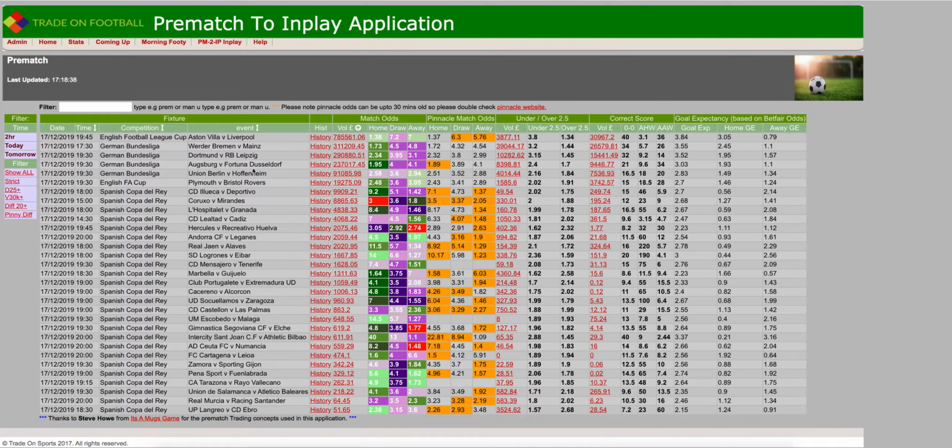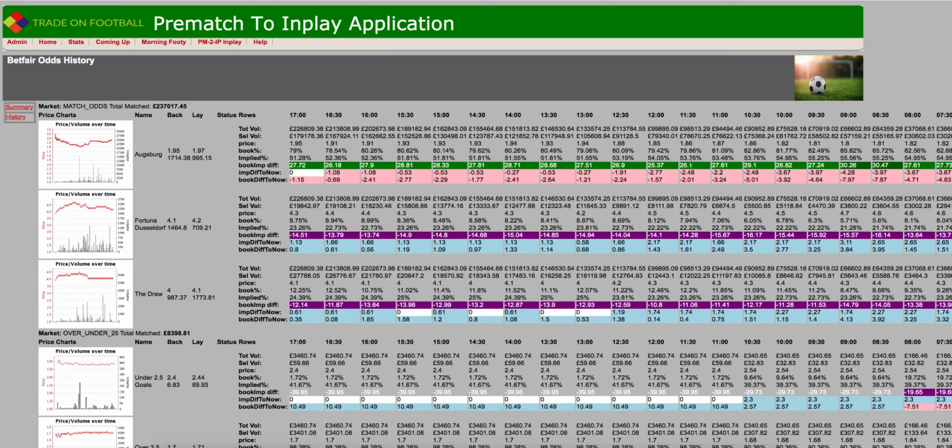If we look for the Augsburg game here and have a look at the history, and go to 11 o'clock, you can see what happens. As soon as it hits 50,000 volume, it then goes for 4 pinks, 1, 2, 3, 4.